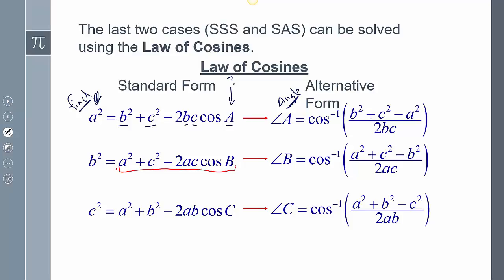In the alternative form, because we're adding and subtracting in the numerator, we need to do that entire thing first, and then when you divide, you also have to put parentheses around that as well. Don't forget to put in your proper parentheses, because if you don't, it's going to say domain error, and you'll think you're doing it wrong. Just make sure you have the parentheses in the correct spot.